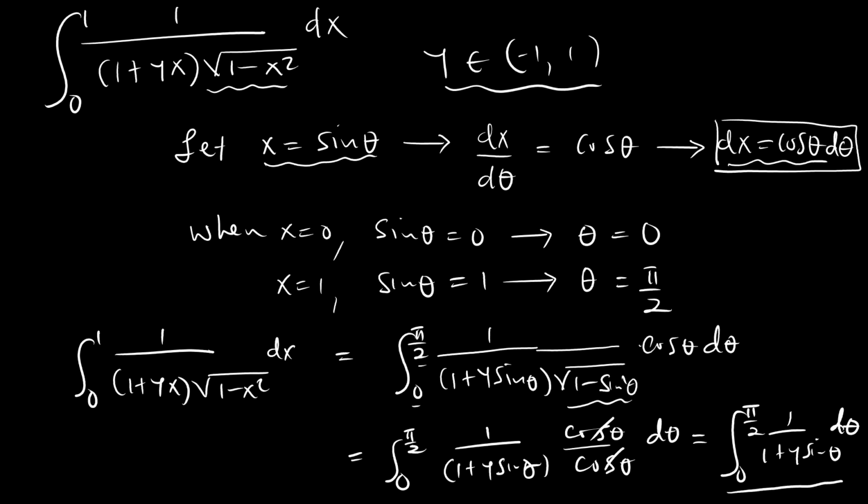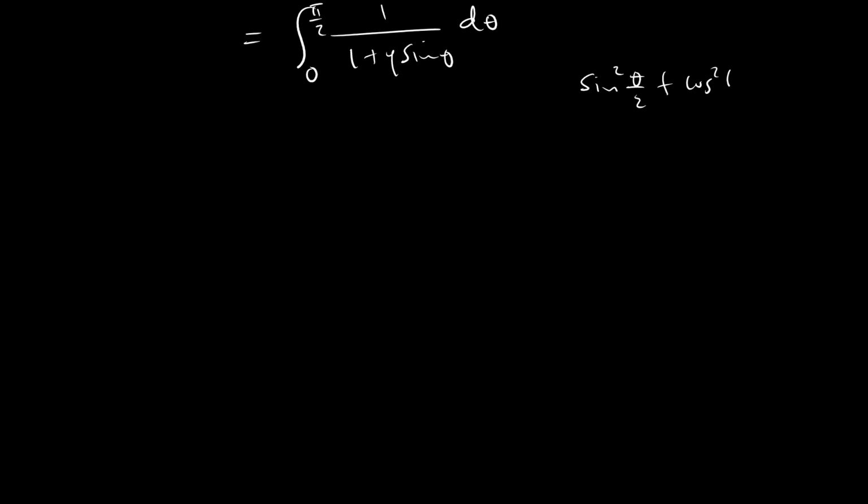Now proceeding forward, we have to make a certain modification. So let's say 0 to pi over 2, 1 over 1 plus y sine theta. There. So we can move from the single angle formulation to a half angle formulation. But it's important to know that sine squared theta over 2 plus cosine squared theta over 2 is equal to 1. So this is an important identity that we're going to use.